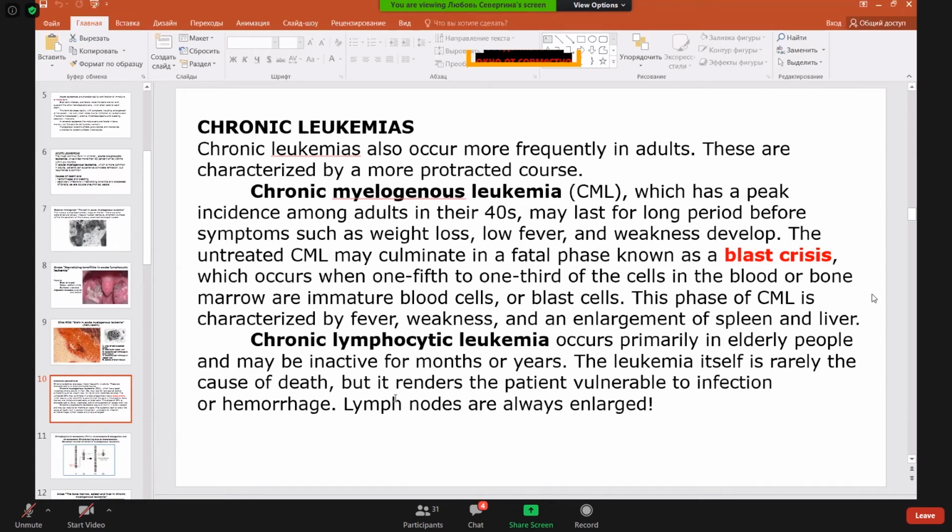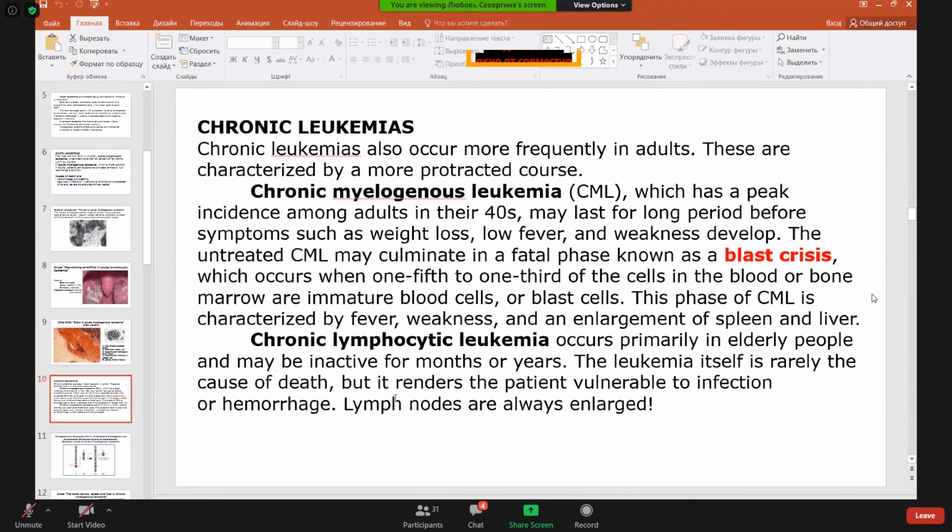That's why very often these patients are diagnosed with leukemia after the activation of the disease and after the active proliferation of the leukemic cells in bone marrow. Of course, untreated chronic myelogenous leukemia can kill the patients because of development of the blast crisis. Blast crisis is a very interesting period of activation of the disease.